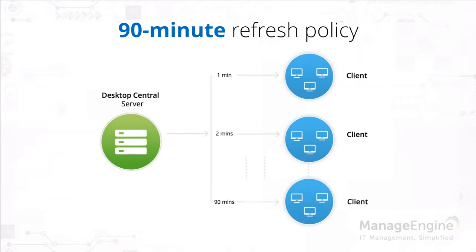Within 90 minutes, all the 900 computers will communicate to the server and execute the task on all the 900 managed machines. So this ensures the distribution of the task happens in a balanced manner, and that's how you can ensure the smooth deployment of the task. So that's what the 90 minutes policy is.